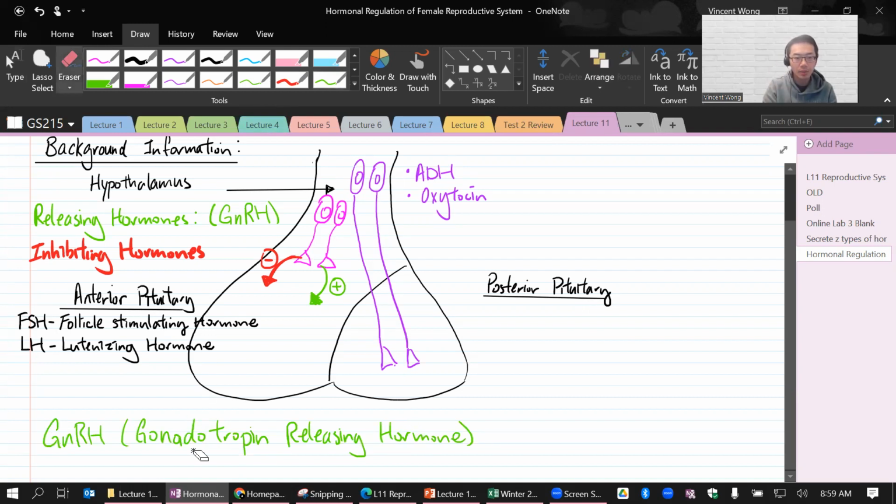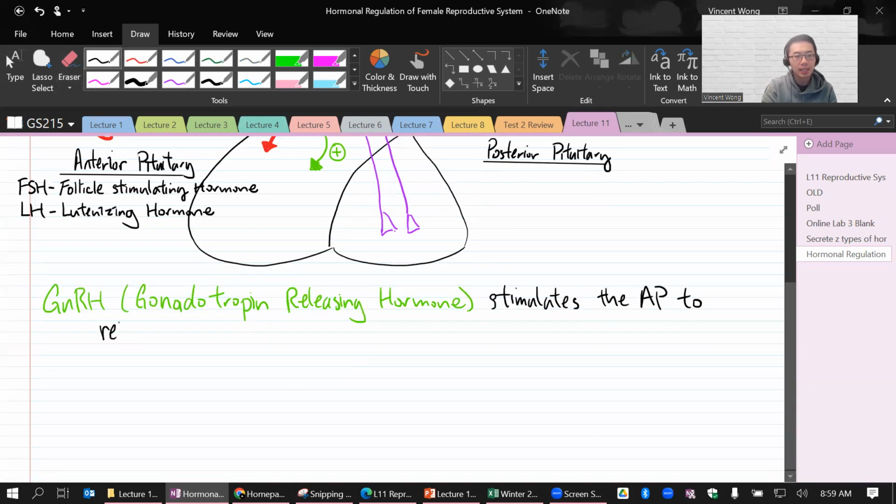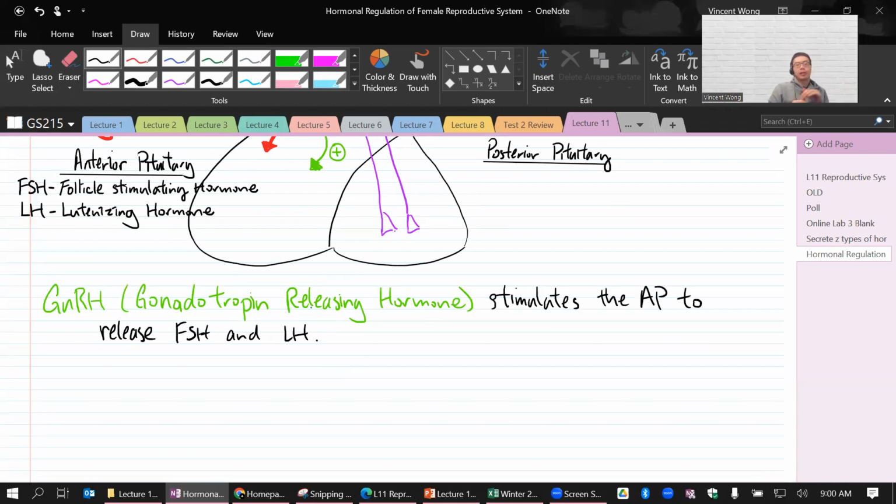Gonadotropin releasing hormone is a releasing hormone that has something to do with the gonads. Gonads are the ovary and testis. So GnRH stimulates the anterior pituitary to release FSH and LH. I'll tell you what they do in a bit, but that's the background information so far.